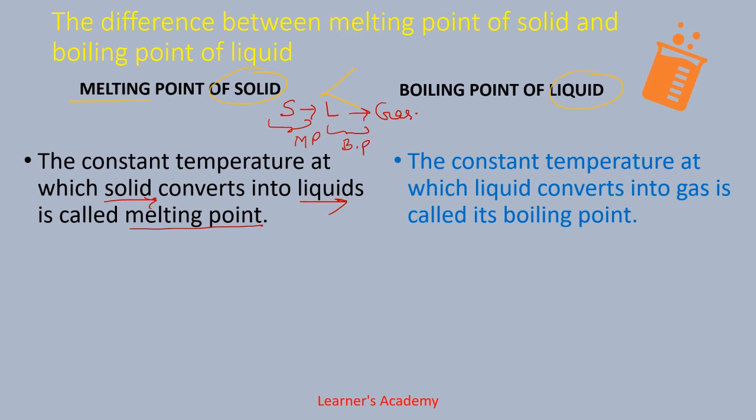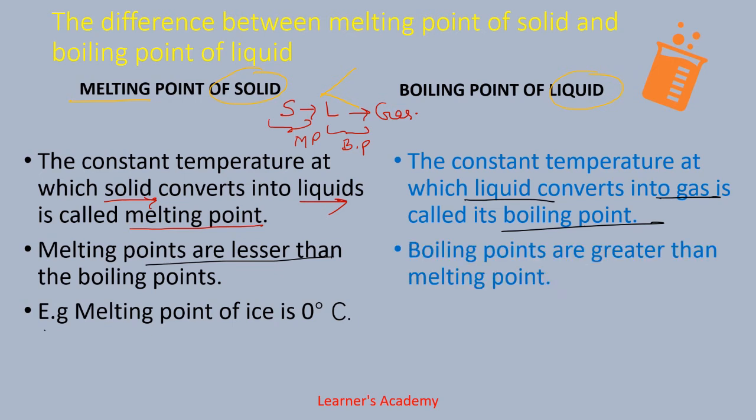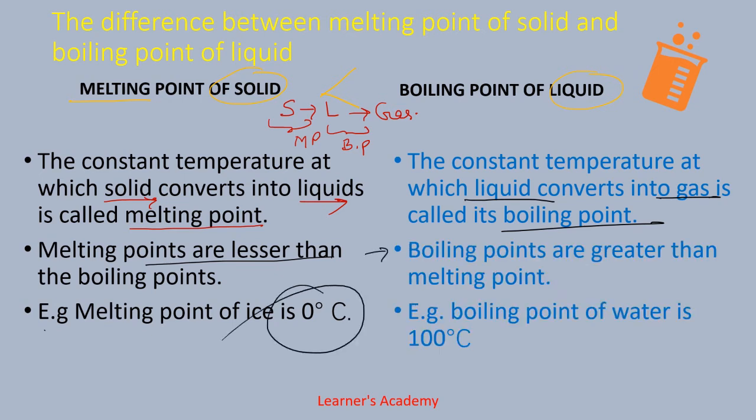Melting points are lesser than the boiling points. Boiling points are greater than the melting points. Always remember this. Melting point for ice is 0 degree. On the other hand, boiling point of water is 100 degrees centigrade.